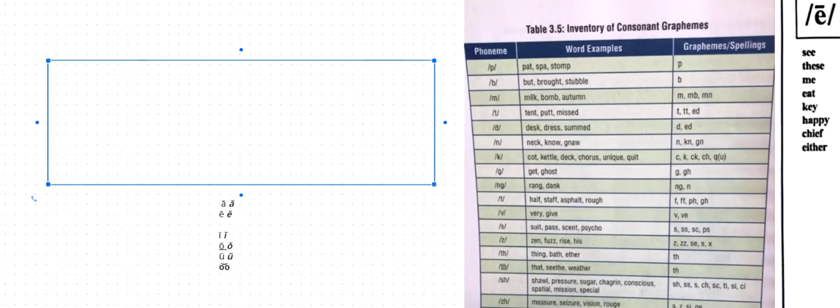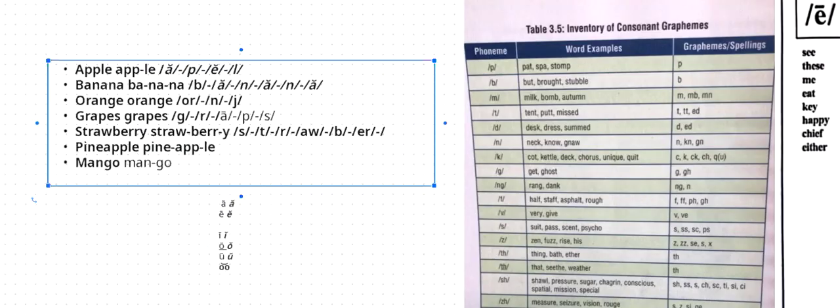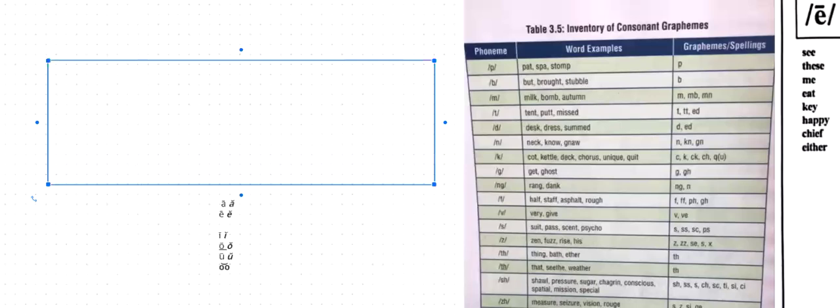It is this long e. So there is one, two, three vowels and three syllables. Strawberry.